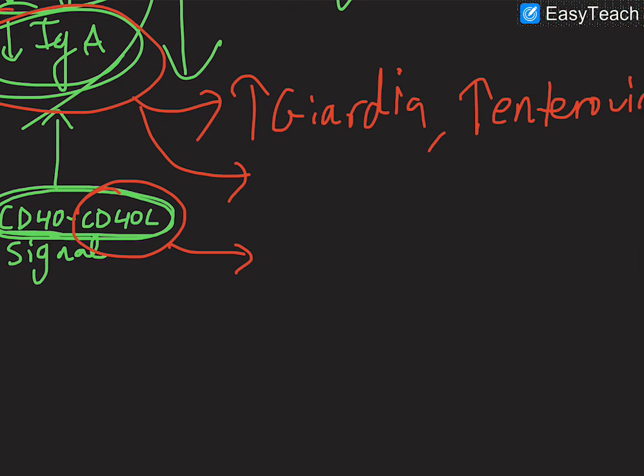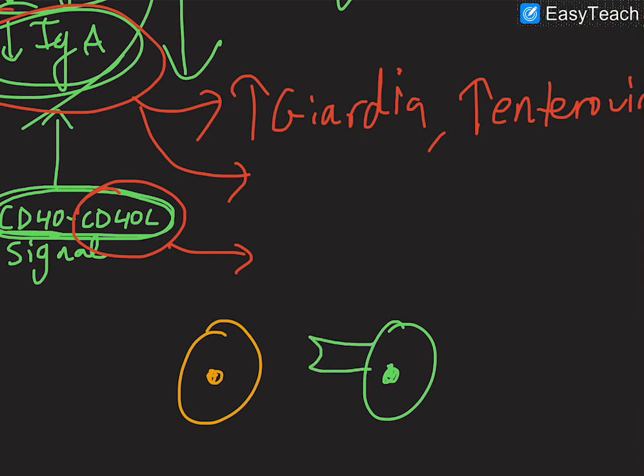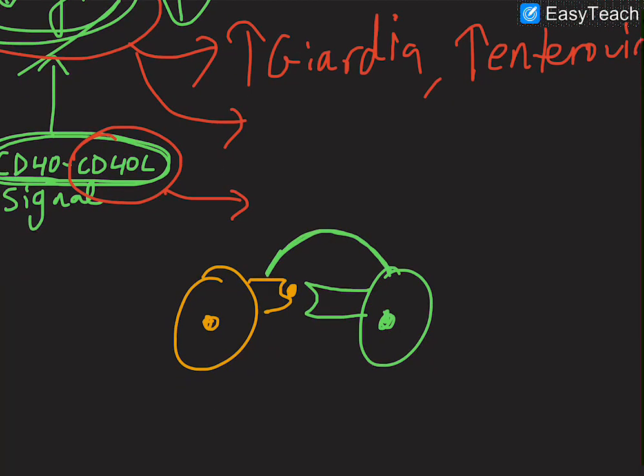Remember, you have your B cell here, and then you have your T cell here. And remember, you have the T cell receptor, and you have the MHC2 on the B cell that's presenting the antigen. Then you also have CD4 on the T cell that's binding to MHC2.